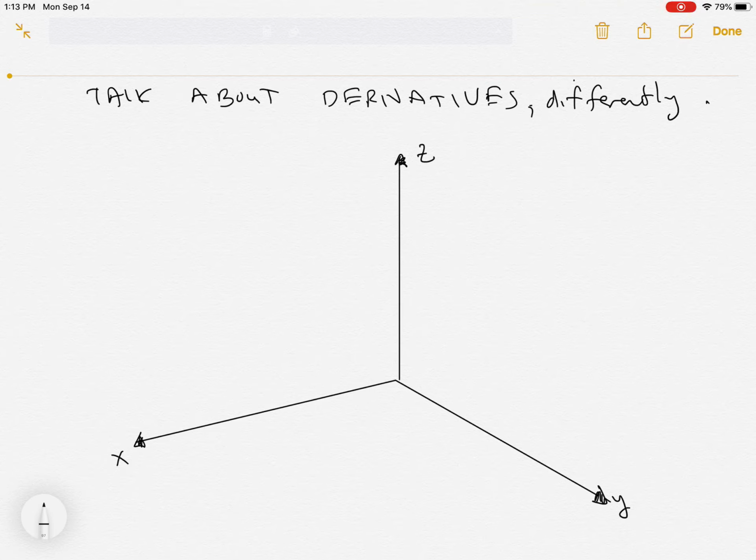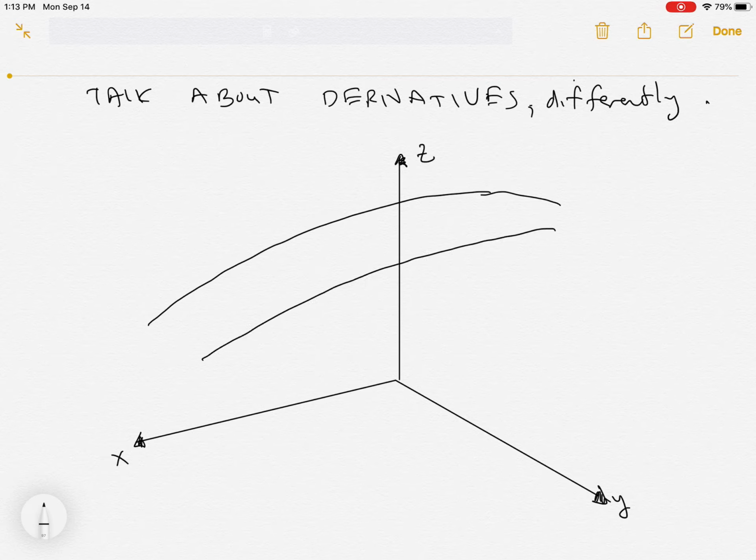We're going to take a piece of our surface, and this is my surface here. So this is just a chunk of the surface f of x equals xy, okay?